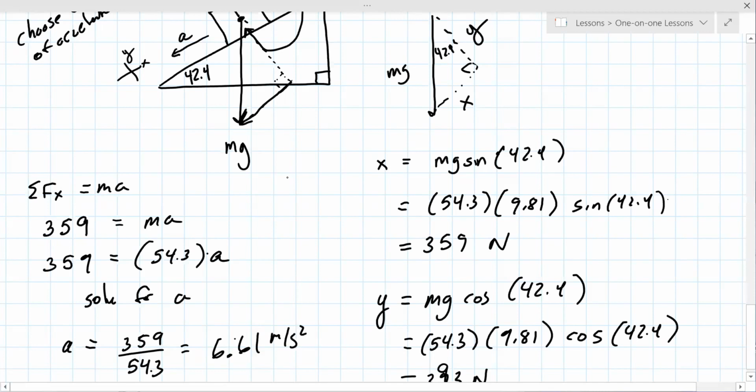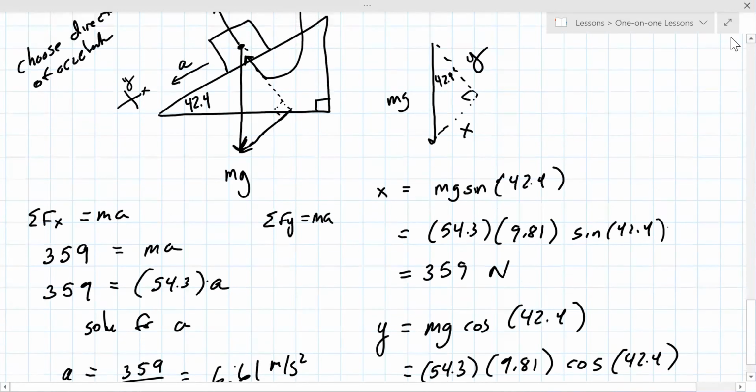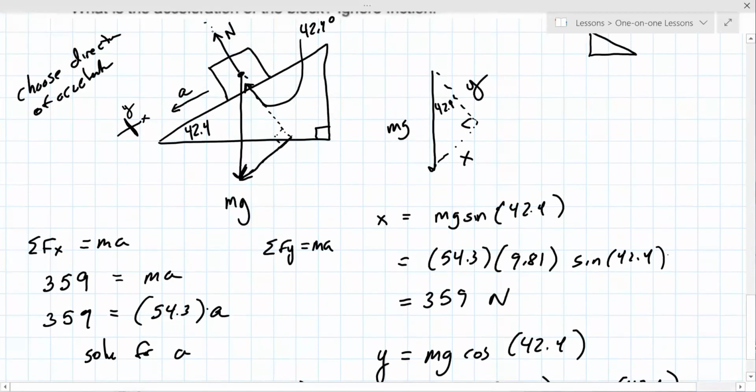Now, if we were to find the sum of the forces in the y direction equals mass times acceleration, this is super critical that you understand. In the y direction, perpendicular to the incline, is it moving perpendicular to the incline? Meaning, is it moving along this dotted line here?